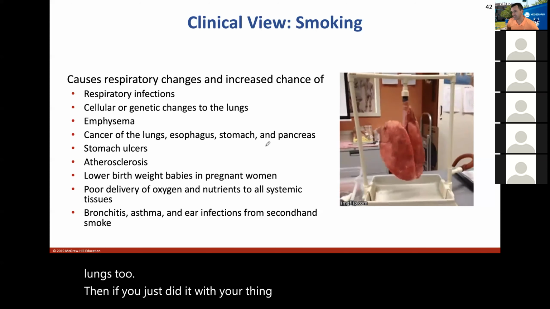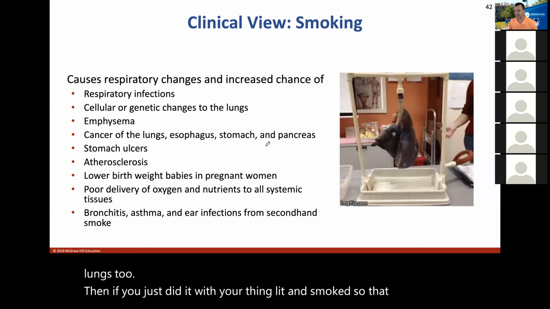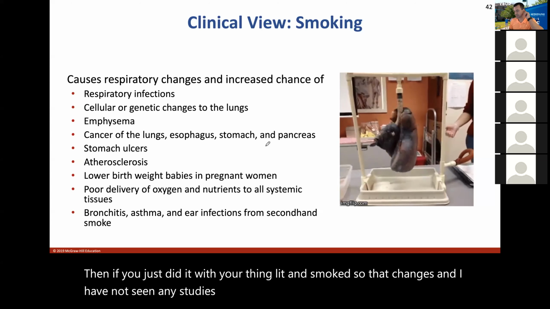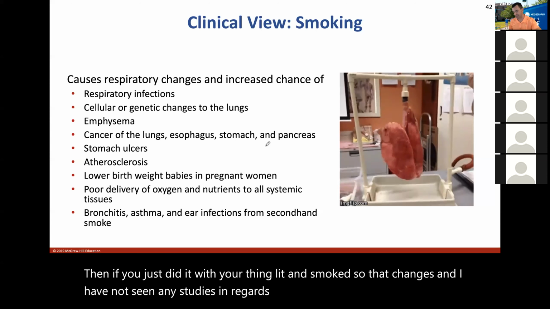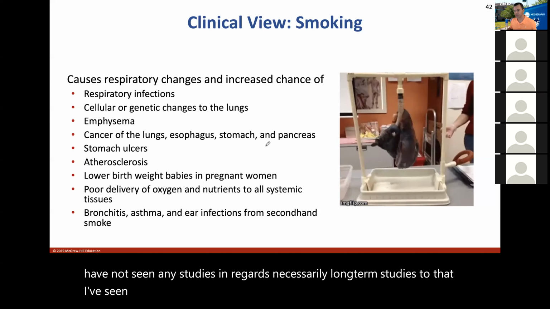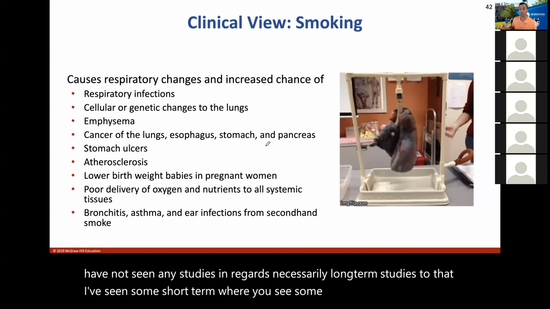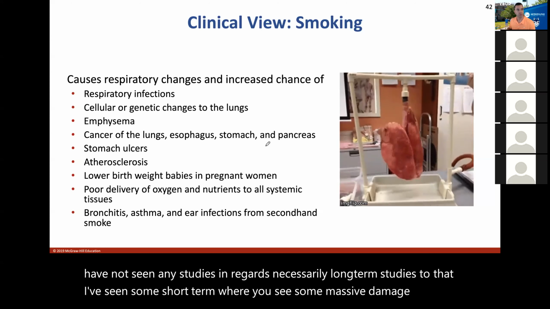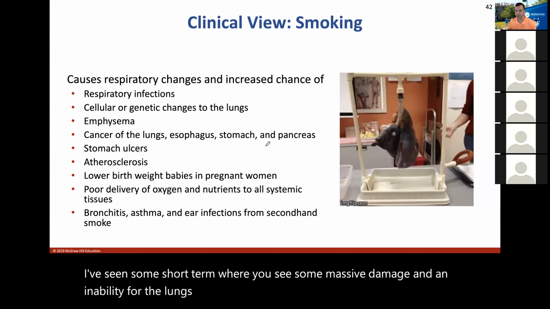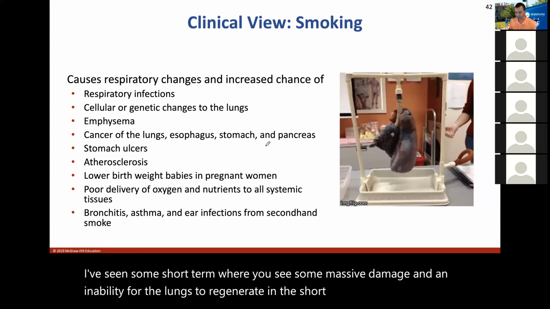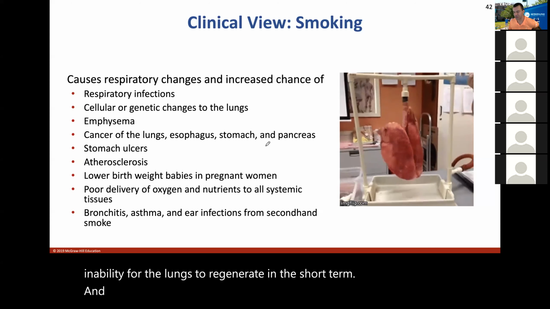So that changes, and I have not seen any long-term studies in regards to that. I've seen some short-term where you see some massive damage and an inability for the lungs to regenerate in the short term. And plus a lot of those are affecting children as well.